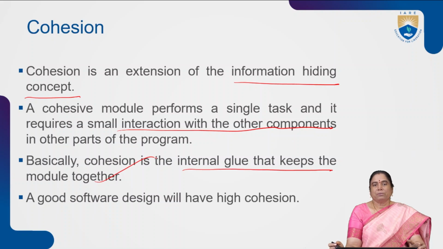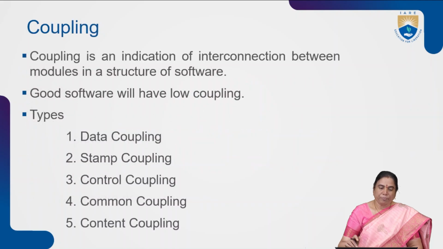To acquire one simple functionality, which modules are glued together is decided by cohesion. In a good software design, high cohesion is required. The single-mindedness of achieving a functionality is generally referred to as cohesion.